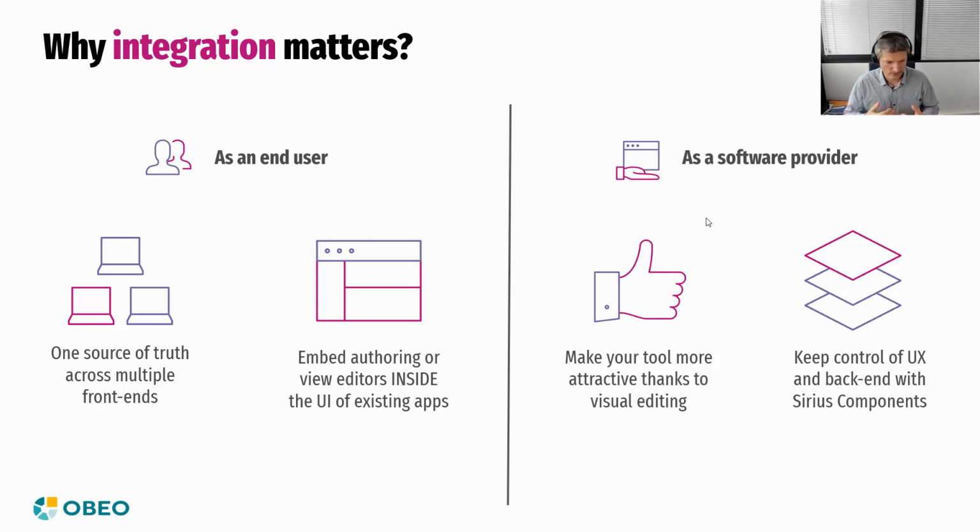So you don't break the ergonomics and you improve acceptance by the end user by providing diagrams and models directly inside their day-to-day tools. As a software provider, you also benefit from Sirius Web by having something more visual, so it's more attractive than just form-based editors or tables, while you keep control of the UX and the storage of your data.